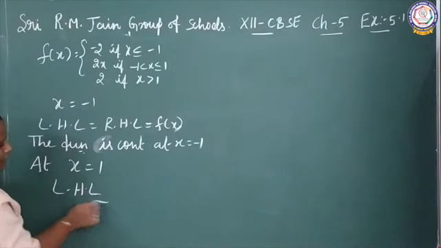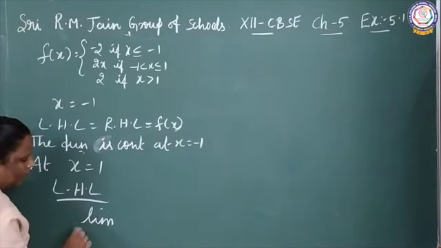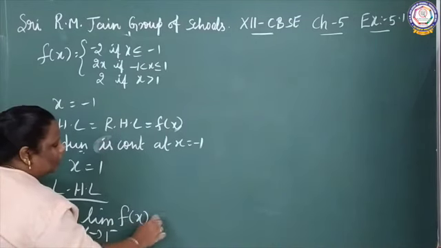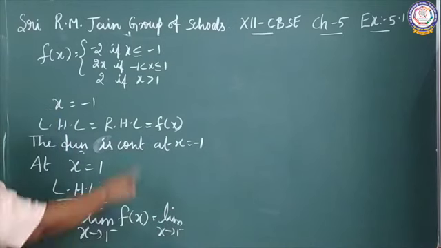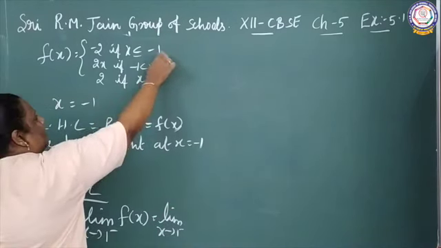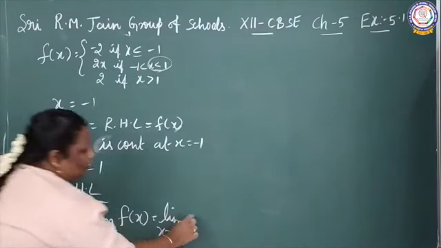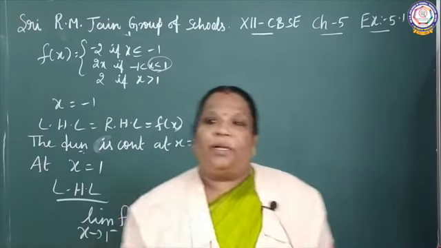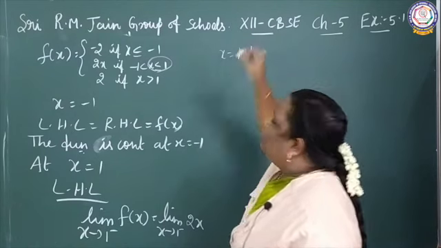Left hand limit: limit x tends to 1 minus of f of x. Here you can take the value 2x. So x takes the value a plus h, where a is 1, so 1 plus h.